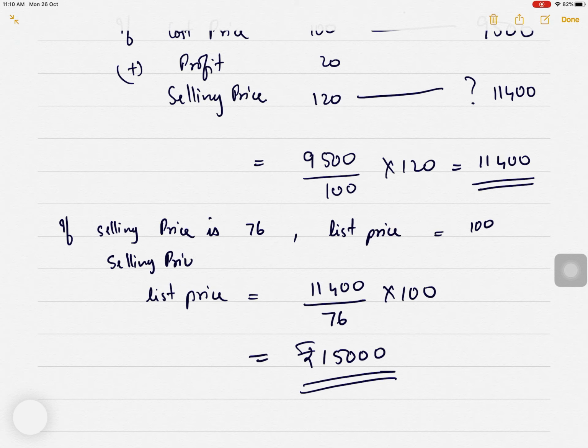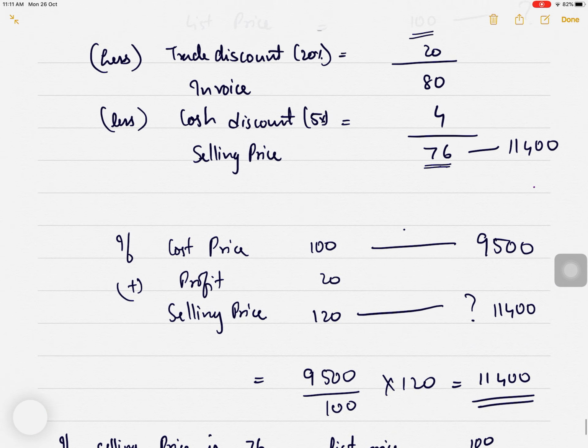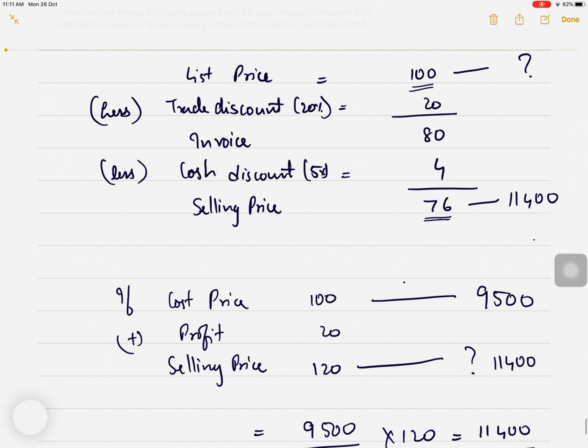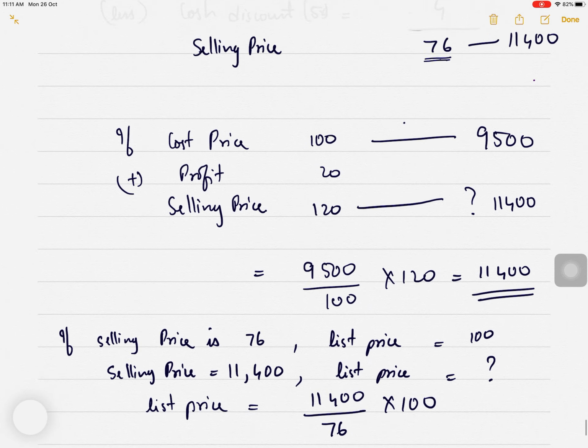Selling price is 11,400. List price is equal to how much? So, you cross multiply. Okay. This is one way of solving.